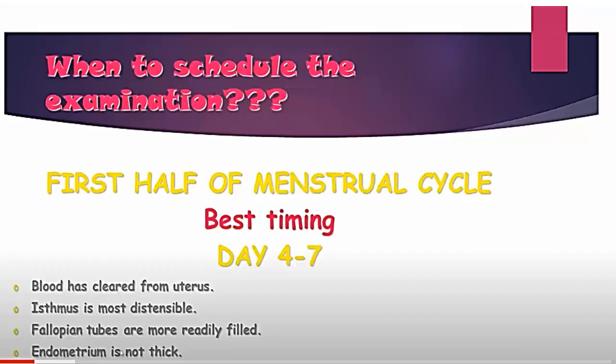A thick endometrium will give the double wall sign, which is a pitfall in hysterosalpingography imaging. Okay, if the female has amenorrhea or irregular cycles, then we must do a pregnancy test before the start of the examination in all cases, because sometimes, although rare, you are confronted with a pregnant female who has amenorrhea or abnormal cycles.